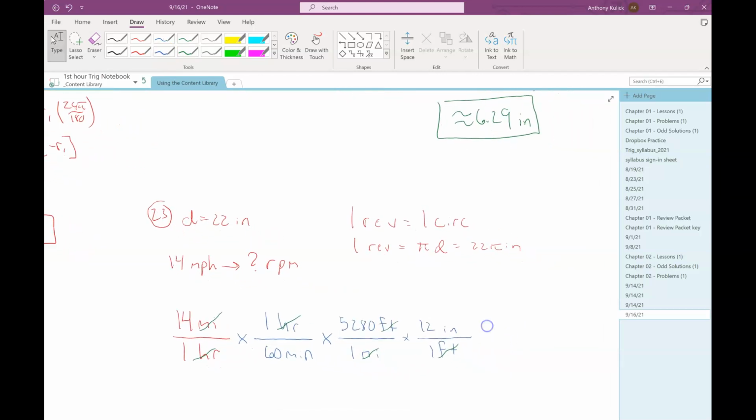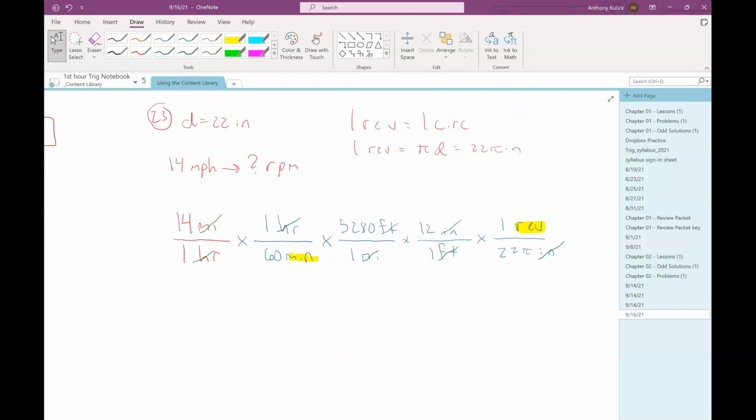And then my last step here is that I know that there's 22 pi inches in 1 revolution. So that'll get me now to my unit is revolutions per minute. So I've done the unit cancellation. Now I just have to figure out the number. Is that okay so far, Lily?